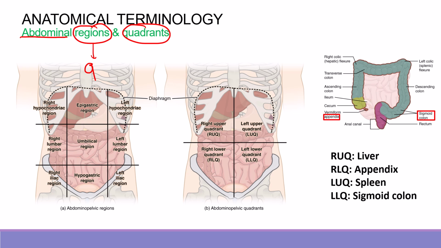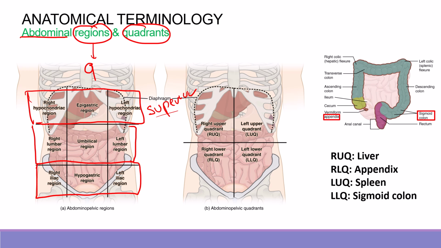If we use a little bit of the anatomical terms, if we have these 3 regions, those are the ones that we call superior. And they're called superior because you're comparing against these other ones, which this is going to be the middle, and this is going to be the inferior regions. So we use those terms, superior, intermediate, or middle, and inferior.